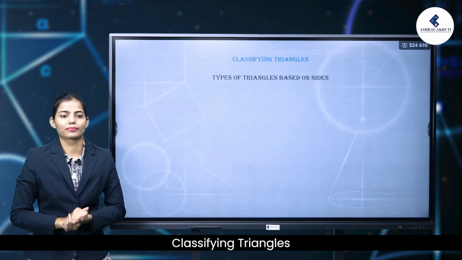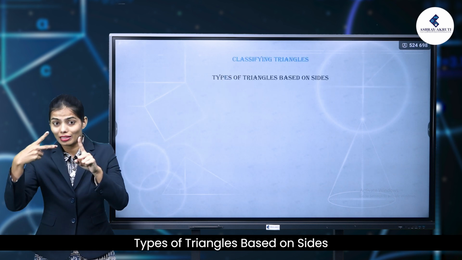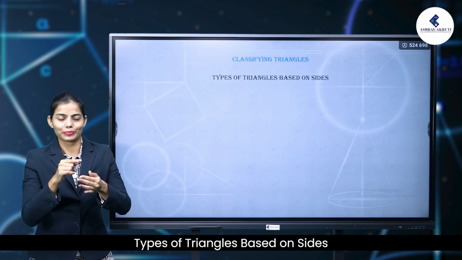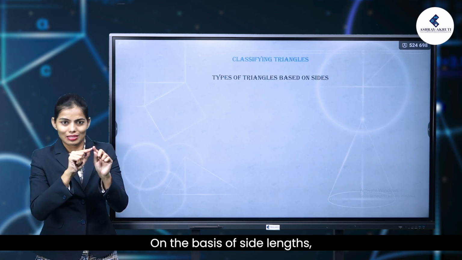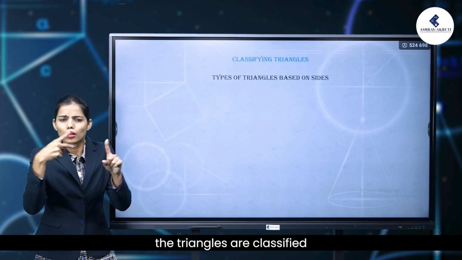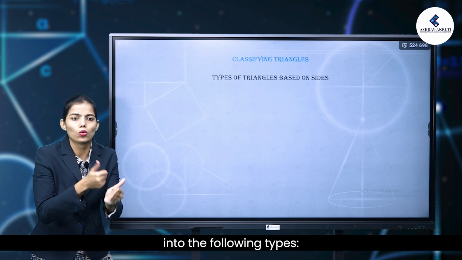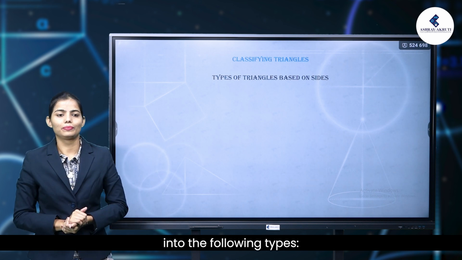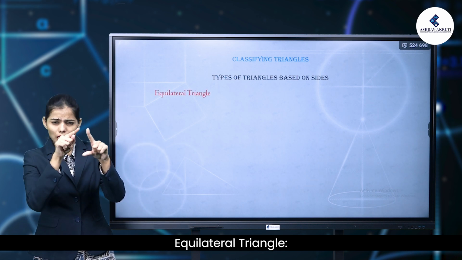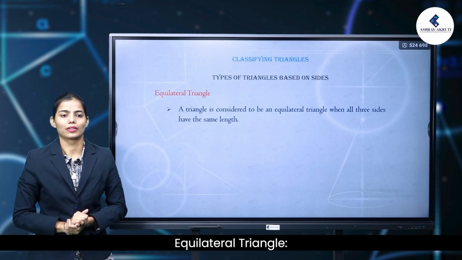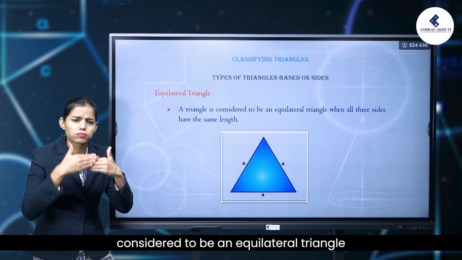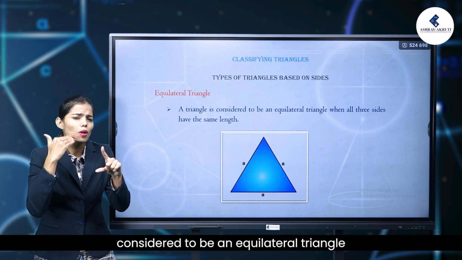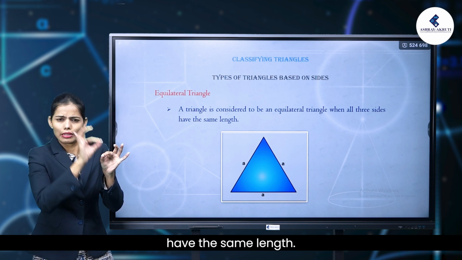Classifying triangles. Types of triangles based on sides. On the basis of side lengths, the triangles are classified into the following types. Equilateral triangle. A triangle is considered to be an equilateral triangle when all three sides have the same length.